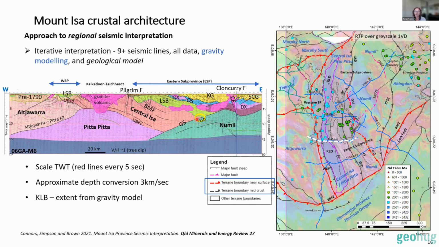But the key feature, when you're just thinking about the basement terrains, is that the boundary between the two basement terrains is about 100 kilometers further west, because this boundary dips so gently, about 25 to 30 degrees. So I show in red the near-surface terrain boundaries, and the ones you see in gray are further at depth, getting down to mid-crustal levels below the cover basins.